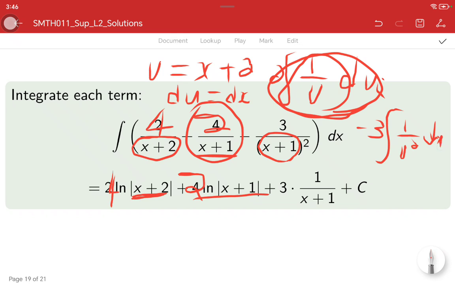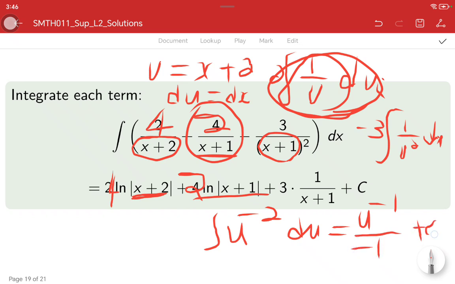And we know that when we integrate this 1 over u squared, it's going to be in this format, u to the power minus 2. If I add 1 to the exponent, I'll get minus 1, then divide by minus 1, plus c.